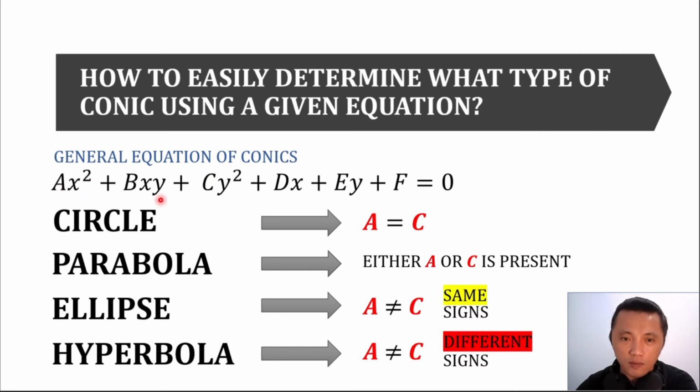So it's either negative, positive, or positive, negative. So again, if a and c are equal, that is a circle. If either a or c is present, that might be a parabola. If a is not equal to c and they are of the same sign, negative, negative, or positive, positive, that is an ellipse. If a is not equal to c and they are different in sign, negative, positive, or positive, negative, that is a hyperbola. So that's very easy to remember.